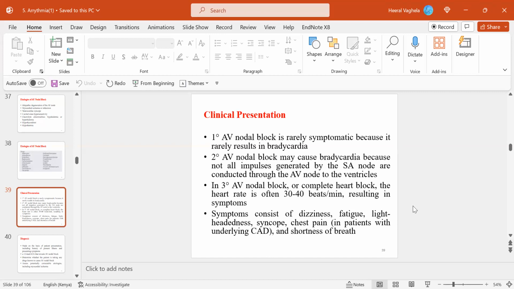Usually for first degree AV nodal block, treatment is not really needed because these patients are asymptomatic. You usually give atropine because you want to increase your heart rate. And if the patient is hemodynamically unstable, then you give dopamine or epinephrine.